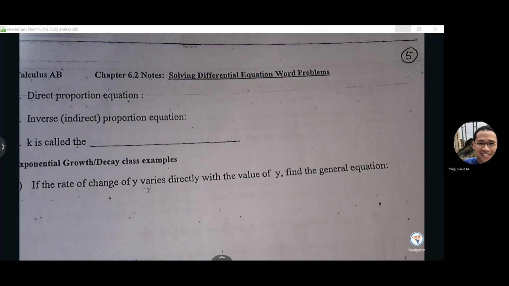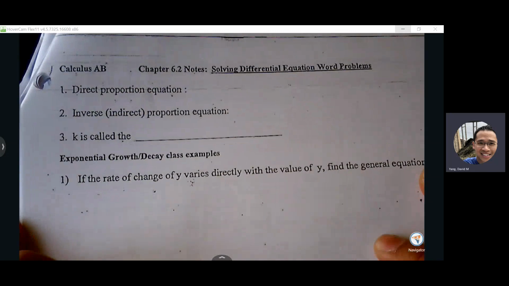So page 5. Okay, so we have something called a direct proportion equation.